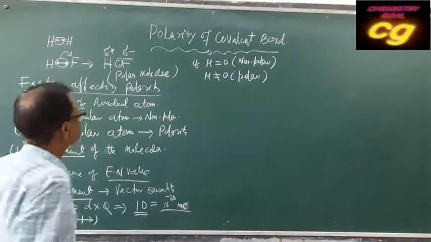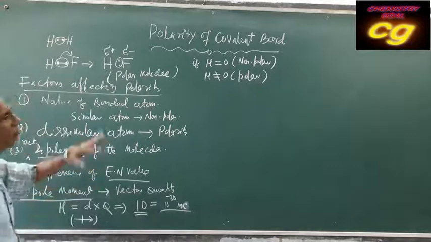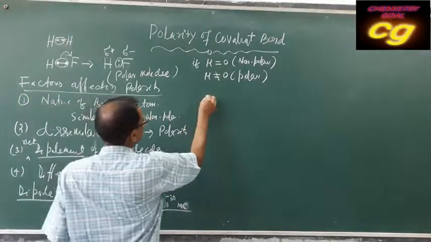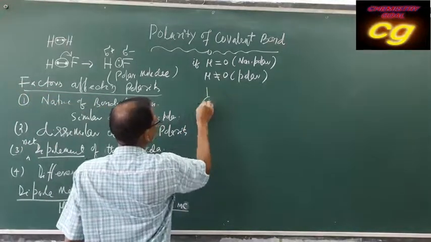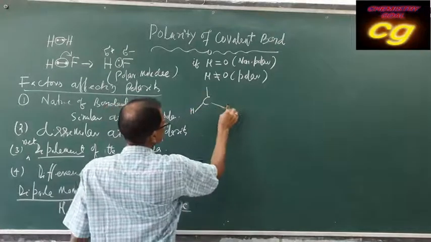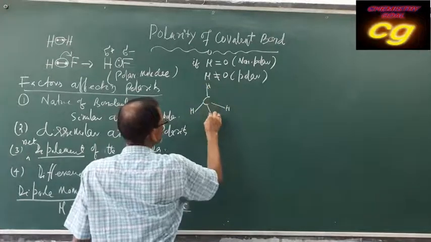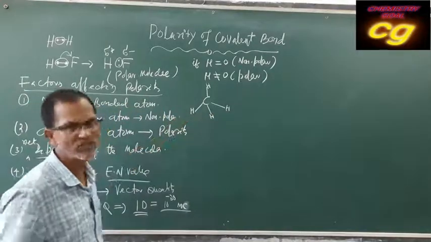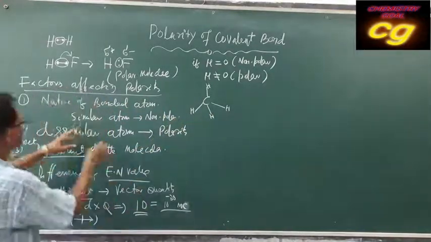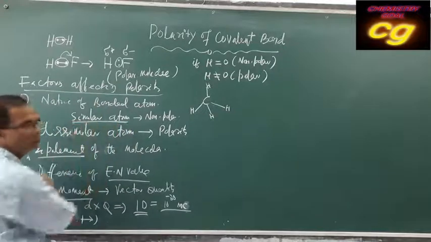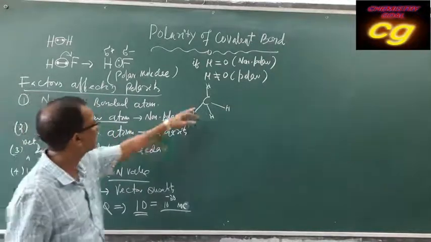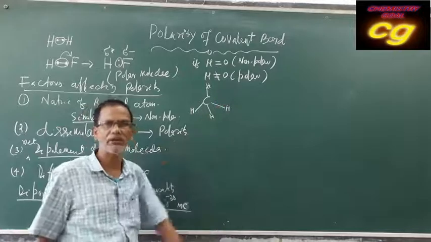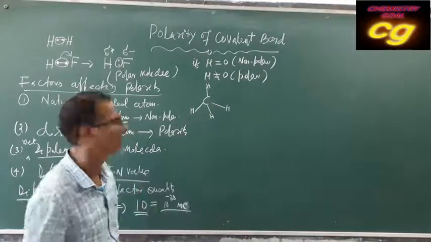For example, take the dipole moment of methane. This is a methane molecule. Methane has 4 similar bonds. As all hydrogen atoms are equal, we only have to see the bonded atoms mainly.